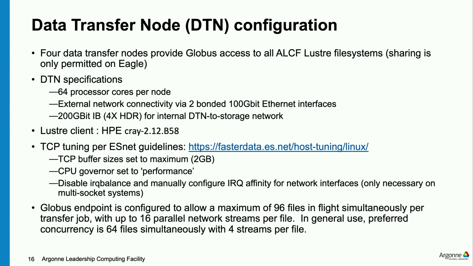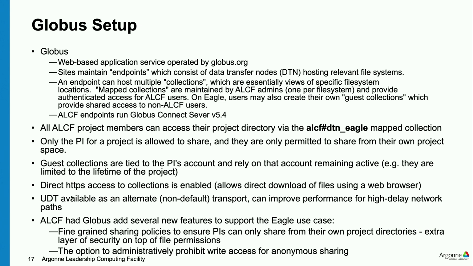We performed tuning of the TCP side according to ESnet guidelines, which includes setting TCP buffer size to maximum, setting the CPU governor to performance, disabling IRQ balance, and specifying affinity. The Globus endpoint is configured to allow a maximum of 96 files in flight per transfer, and it may have 16 parallel network streams per file.